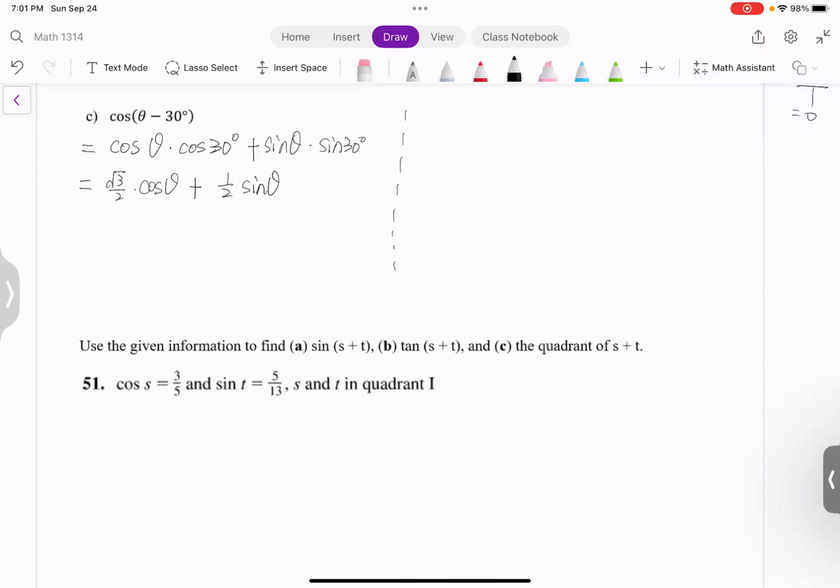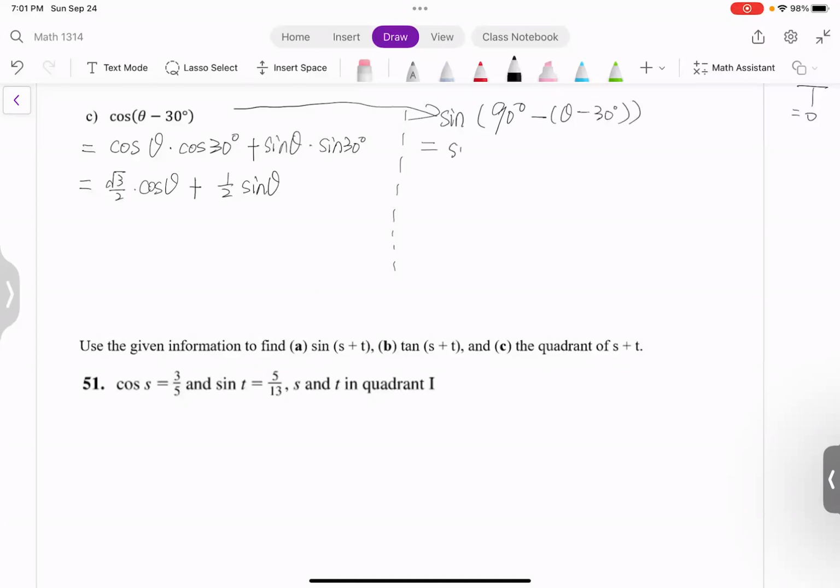If I want to use the difference or the sum of the sine identity, we are using cofunctions. What is the cofunction of cosine? Sine. Cofunction means if I convert the cosine to the sine, I use 90 degrees minus the angle of the cosine. So we use 90 minus theta minus 30 degrees.